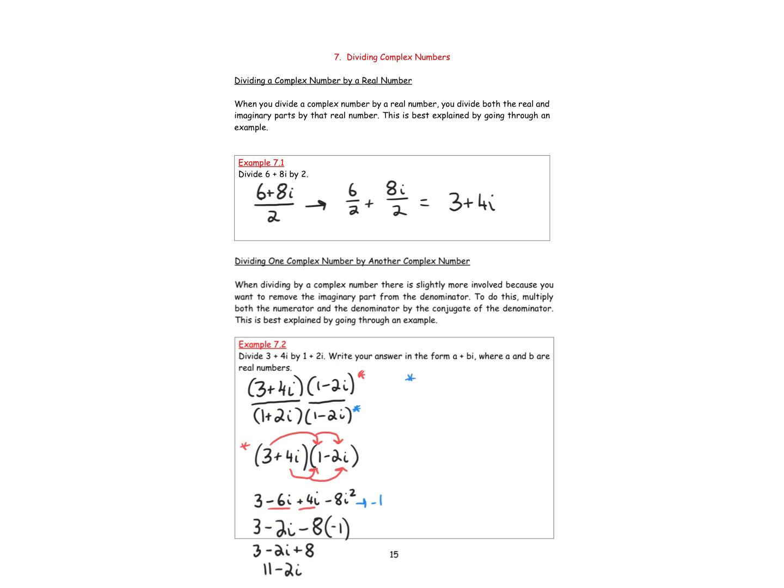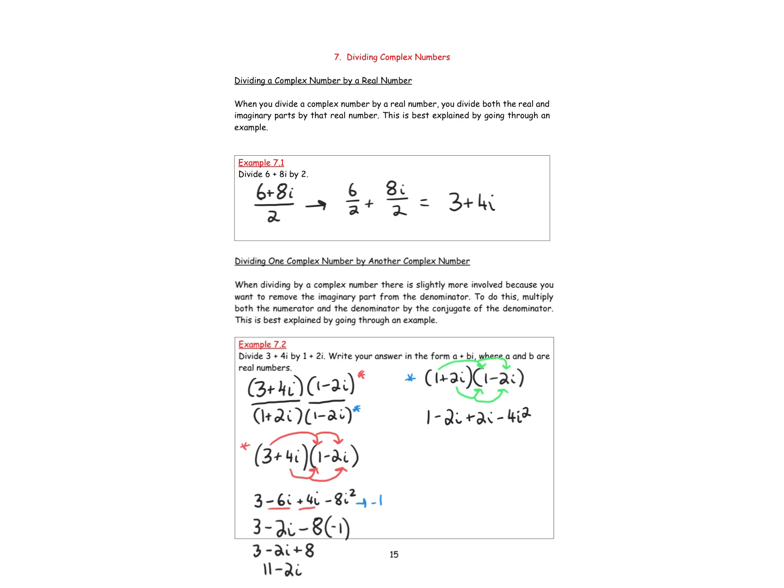The bottom part of the fraction, we have 1 plus 2i multiplied by 1 minus 2i. Very similar to the last time, we have 1 multiplied by 1 and 1 multiplied by negative 2i, 2i multiplied by 1 and 2i by negative 2i. That will leave us with 1 by 1, which is 1, 1 by negative 2i, which is negative 2i, 2i by 1, which is 2i, and then 2i by negative 2i, which is negative 4i squared.